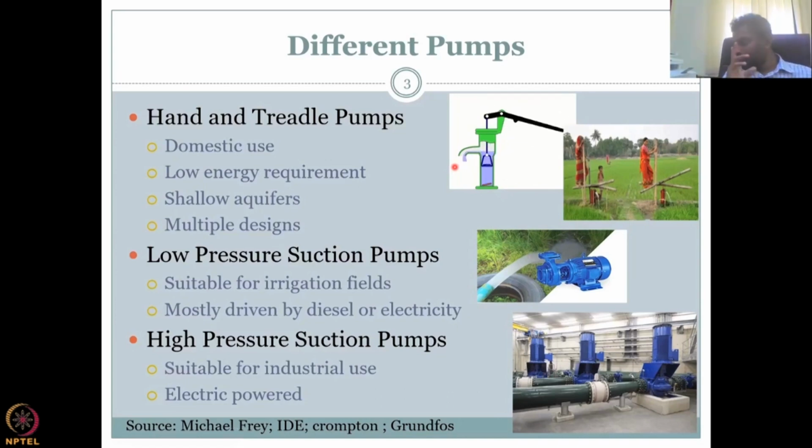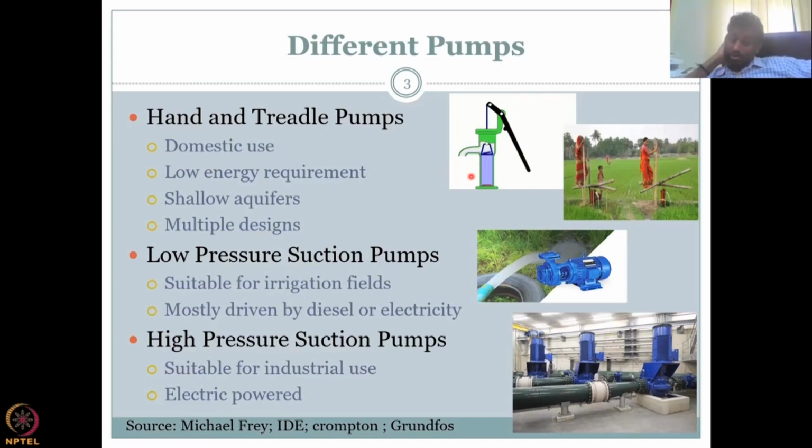It's a very simple design, not much energy used except your manual hand power. And it has been very successful in preventing losses, because you don't have much leakage. Only when you pump do you take the water, capture it in your buckets or vessels, and then take it home. So this is for domestic use and very small, low energy use.